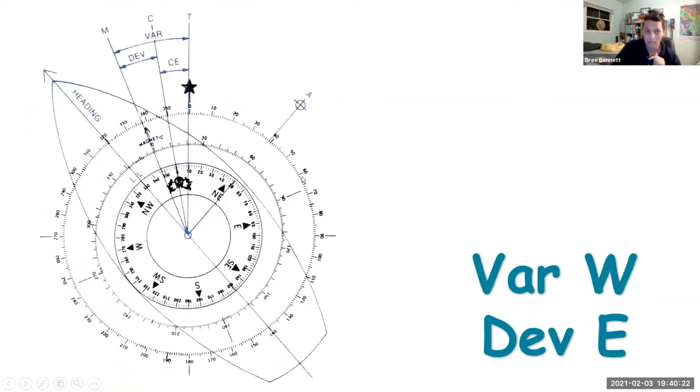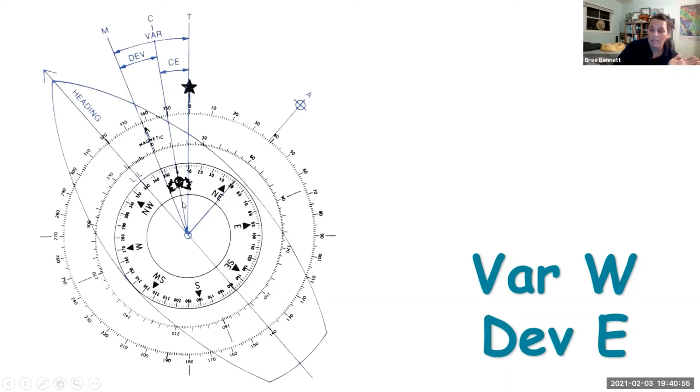In this example, we have a variation of west and a deviation of east. So we have our true north is the outer circle, and then we have our magnetic North Pole is pointing, what, 22 degrees here towards the west. So we have this variation, because variation is the difference between true north and magnetic north, is pulling us 12 degrees to the west.